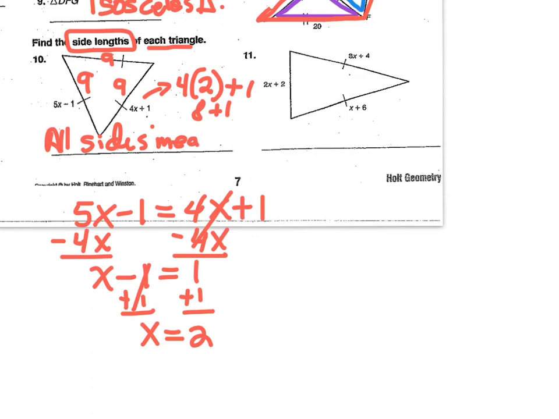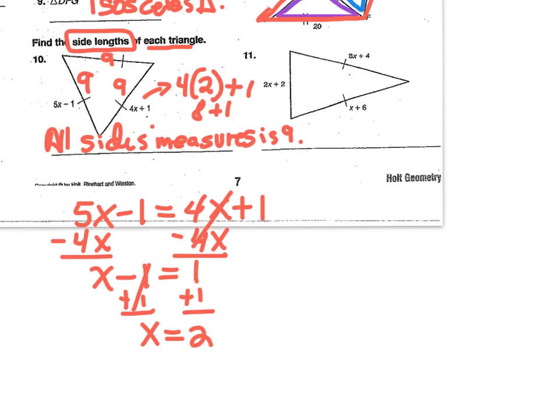All sides equal 9. Equilateral, right. If they asked me to classify, I would just say it's an equilateral triangle. Could that be an isosceles? Yes, it could also be classified as an isosceles, but the best name is equilateral.